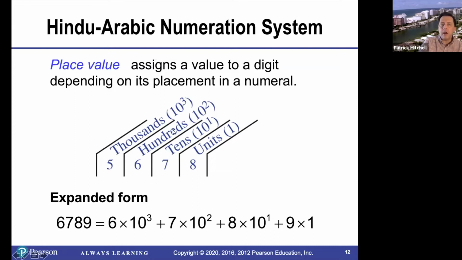Notice hundreds, 100 is 10 to the second power. And the digit to the left of that represents thousands. 1,000 is 10 to the third power. And here you see the expanded form of the number 6,789. It takes each digit and multiplies it by its place value.